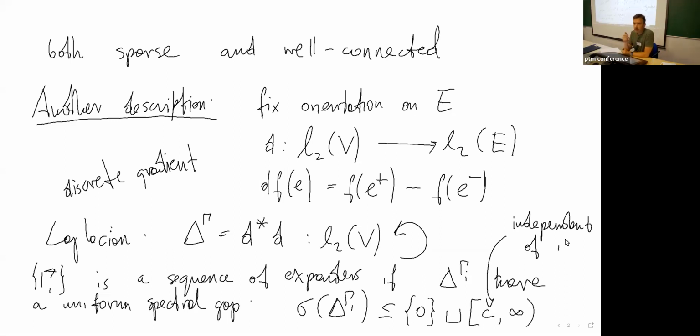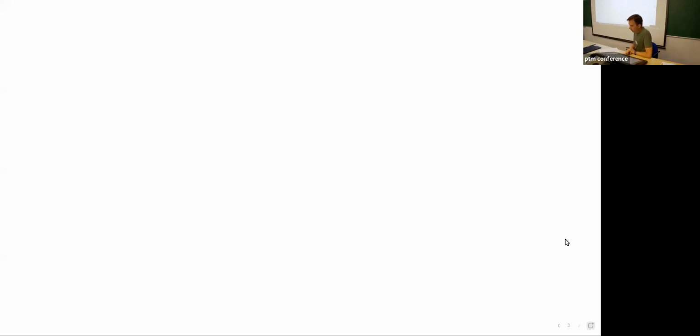Yeah, sure, sorry, that's always an assumption. Thanks. So this is an analytic description of what it means to be an expander, and it just means that these Laplacians have a uniform spectral gap for all of these graphs. Okay, so expanders are very useful.